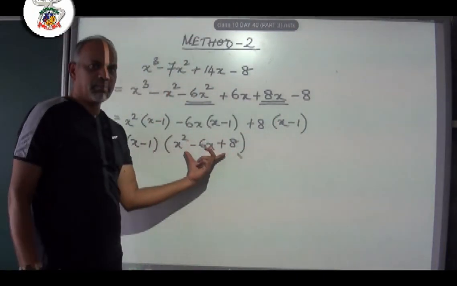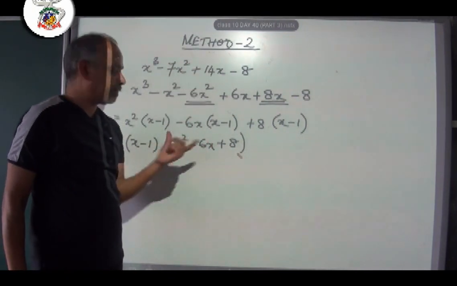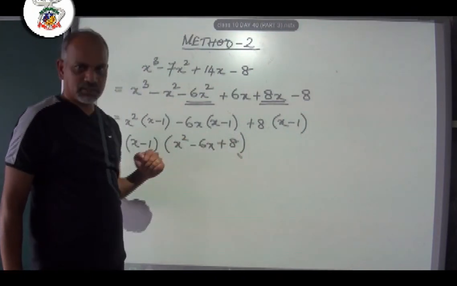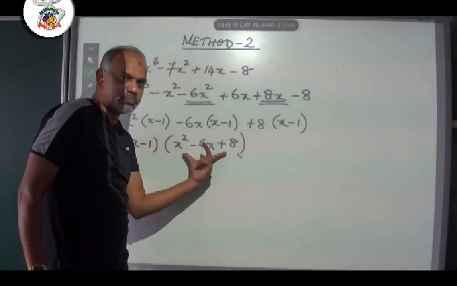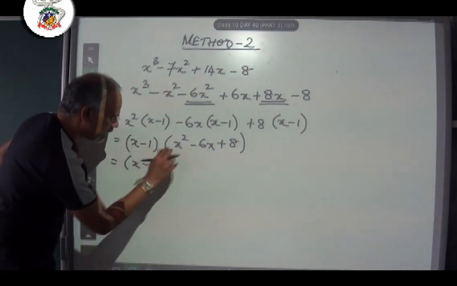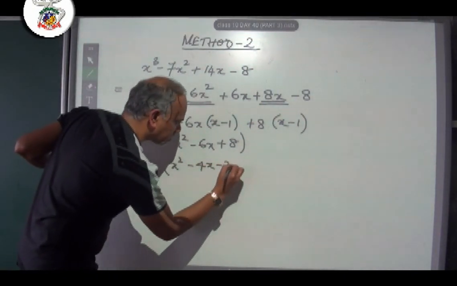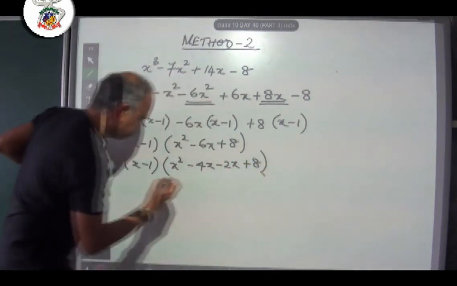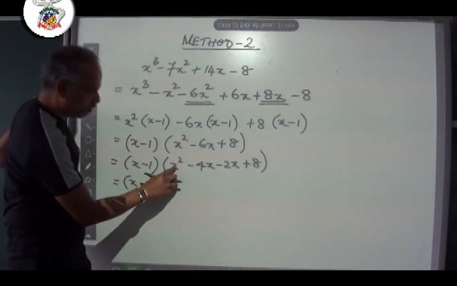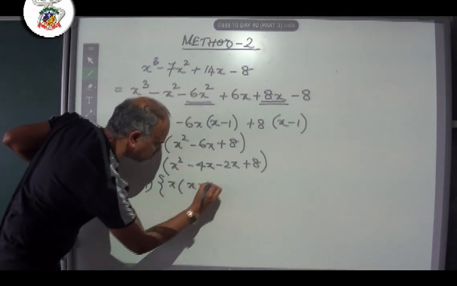If you see, in the previous method which I showed, this is what you got as the quotient. So this has to be factorized to get the remaining two factors. So you're going to split the middle term here. This remains x minus 1. And to split the middle term, this is x squared minus 4x minus 2x plus 8. That's x minus 1 into, from the first two terms, x is common, remove the x, you are left with x minus 4.